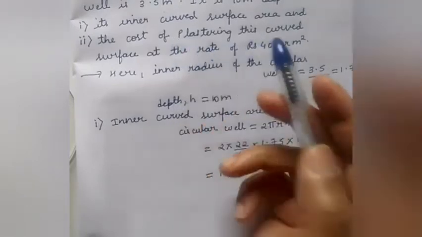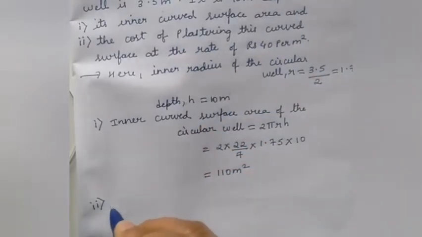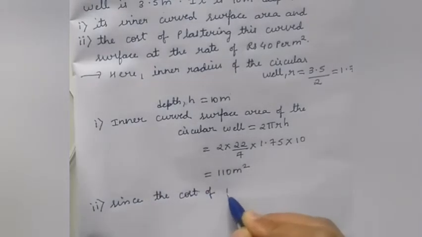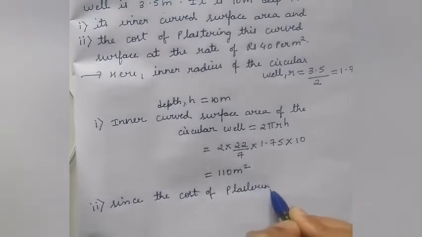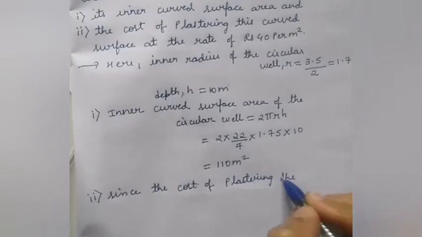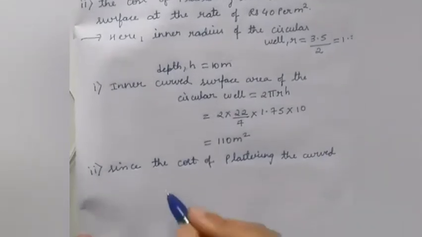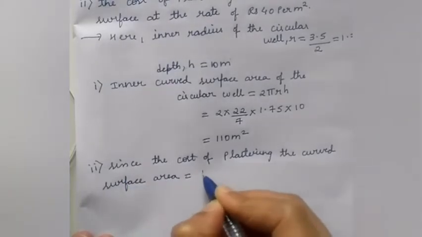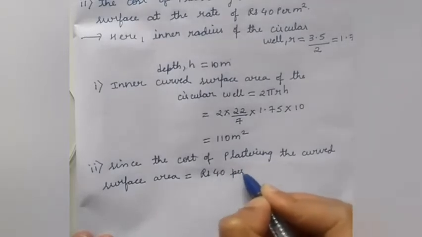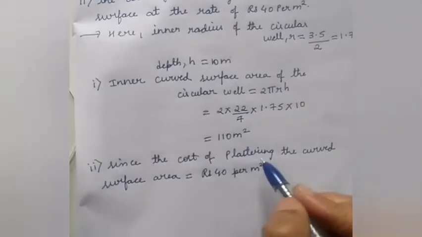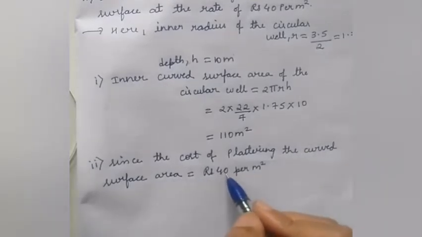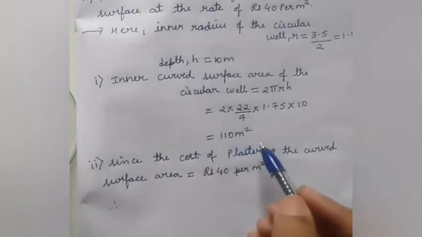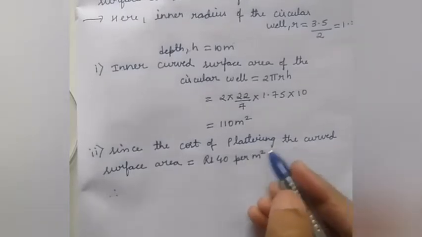So in order to find the cost of plastering this, since the cost of plastering the curved surface area is equal to rupees 40 per meter square, therefore the cost of plastering 110 meter square will be equal to 40 into 110.